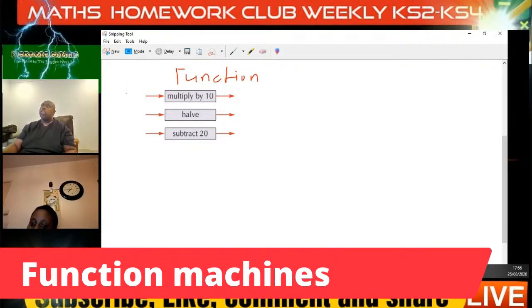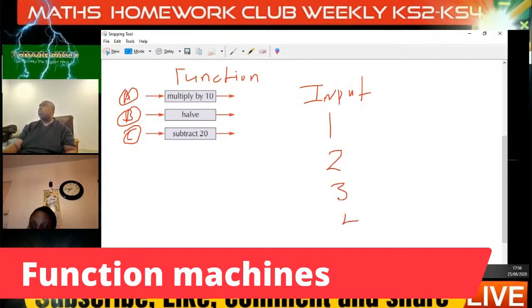So you've got question A, question B, and question C. You're going to use the function machine. You're going to use the input as 1, 2, 3, 4, and 5.